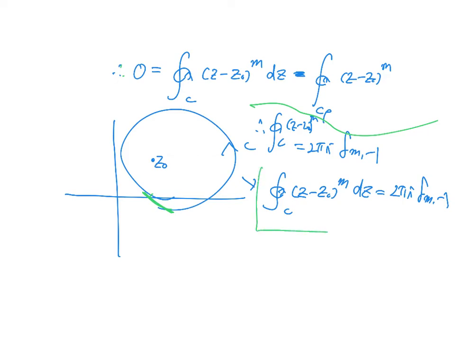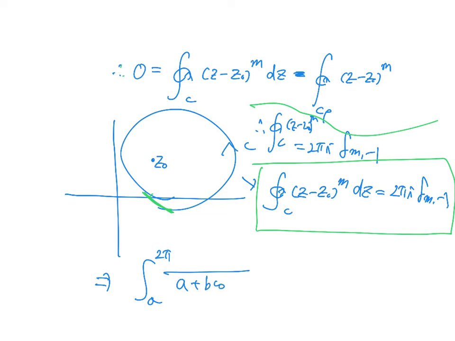So you may ask why this is so important, right? Because this allows us to calculate this function. You can calculate the integral from 0 to 2 pi of d theta over a plus b cosine theta.